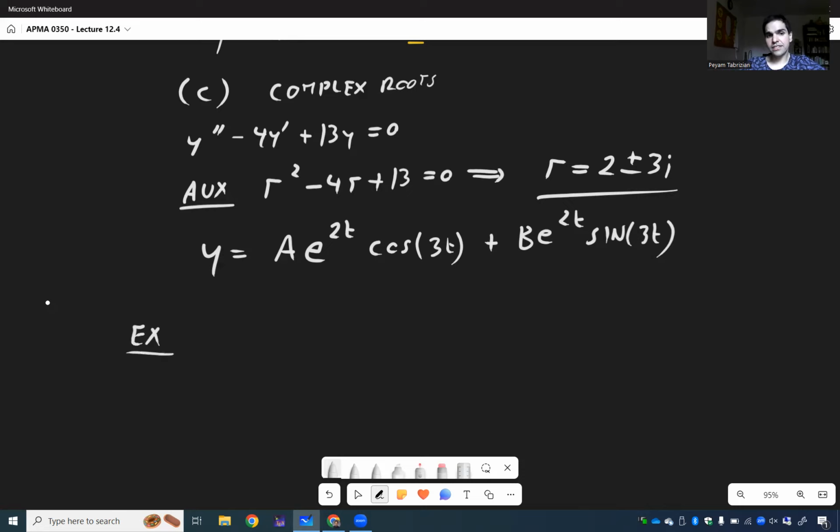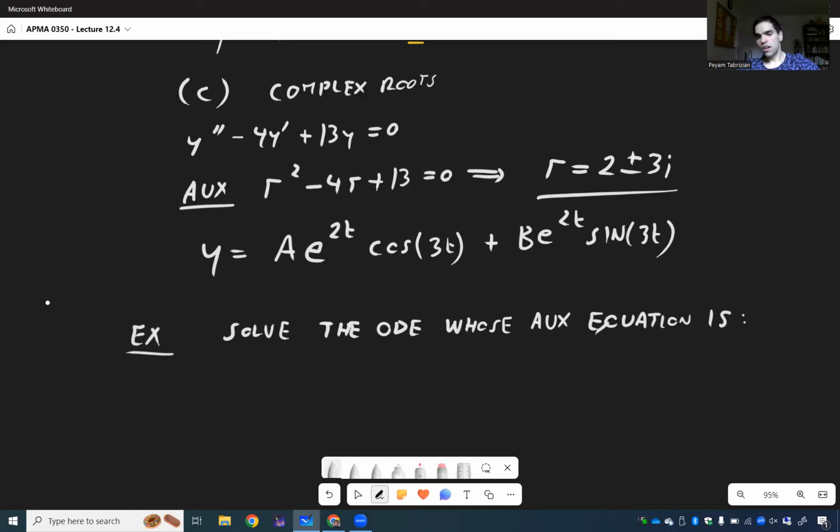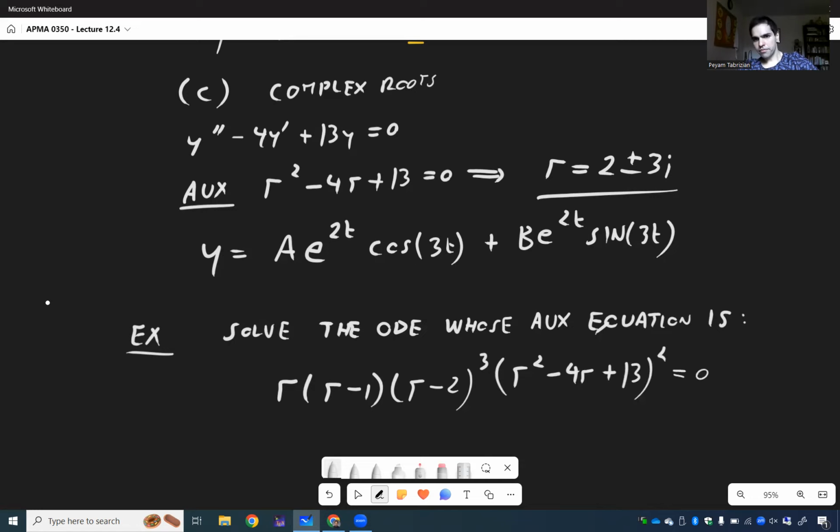So for instance, let's try to solve the ODE whose auxiliary equation is r(r - 1)(r - 2)^3(r^2 - 4r + 13)^2 = 0.